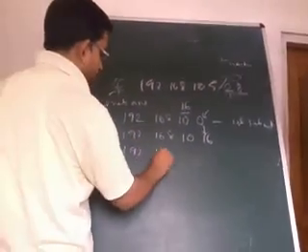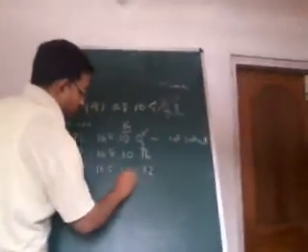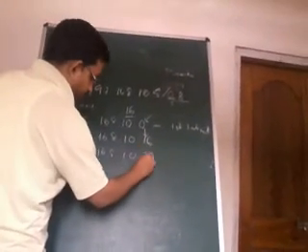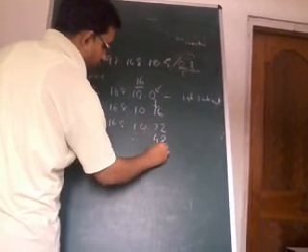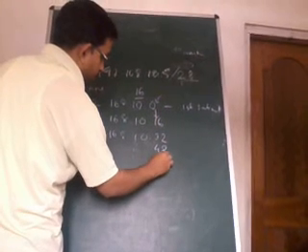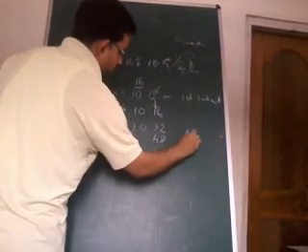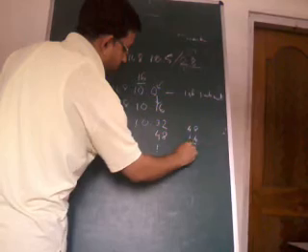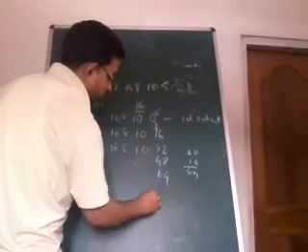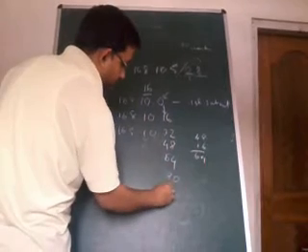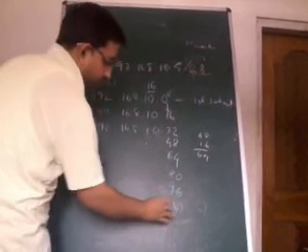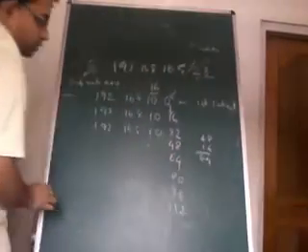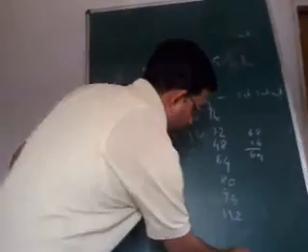The next subnet is 192.168.10.32, then 48, then 64, 80, 96, 112, and it goes up to the last one, 240.